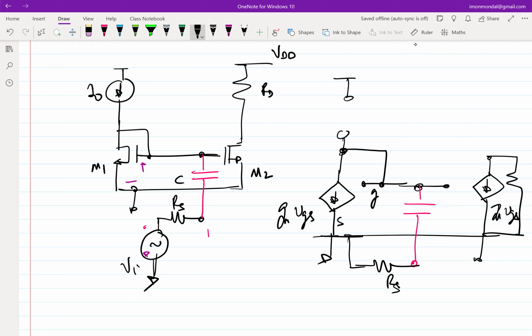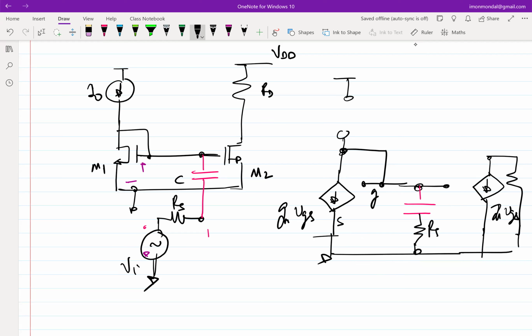Okay, so let me draw it in a better way. When I'm trying to figure out the equivalent impedance looking across the capacitor, I don't need the capacitor. Instead of that, I can simply put a voltage source and figure out the equivalent impedance. Essentially, if this is the terminal, and this is a black box, what is the equivalent impedance looking in?